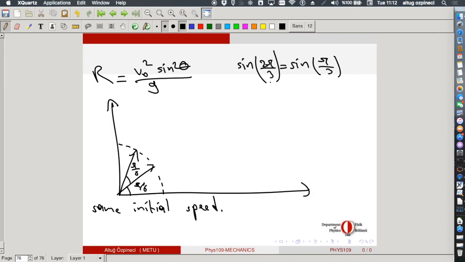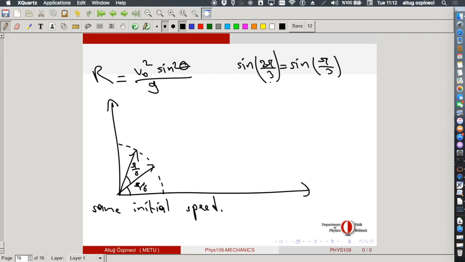X components are different. So as theta gets smaller, the time of flight gets smaller, but the x component of the velocity gets larger. As theta gets larger from 45 degrees or pi over 4, the time of flight gets larger and larger, but the x component gets smaller.